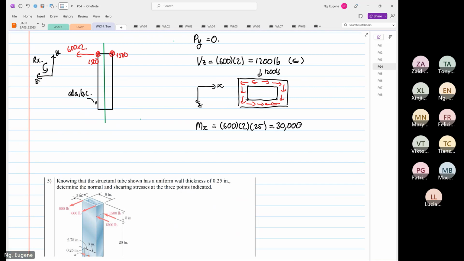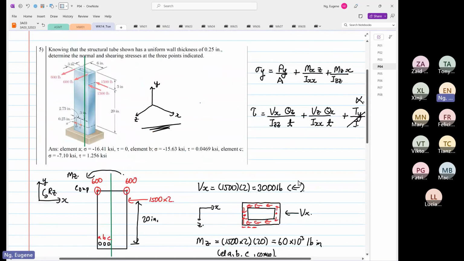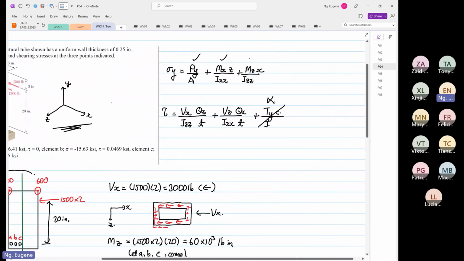Okay, so we've done that already. Now the next thing that we're going to look at: looking at these equations, we know Py equals 0. We know this, this, this, and this. Next, we want to find Ixx and Izz.